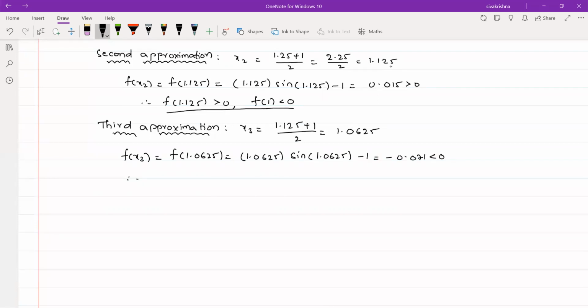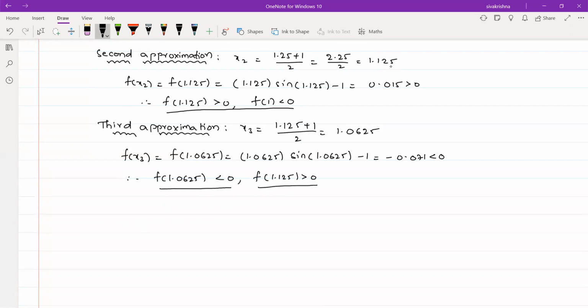It means f of 1.0625 is less than 0. In order to calculate the next approximation, here we require a positive sign value. So from the above step, we can carry f of 1.125, since the sign of that number is positive.